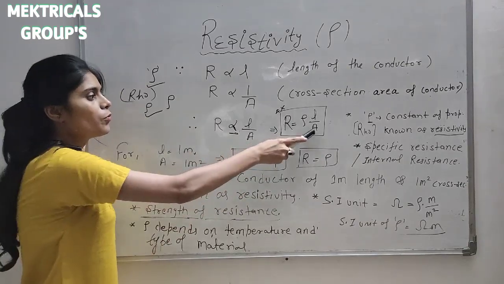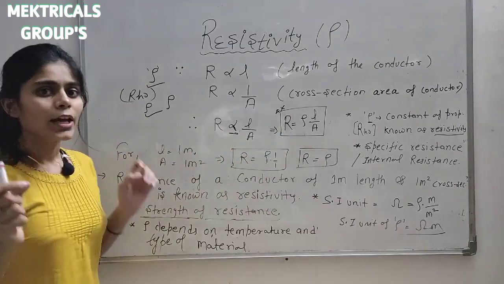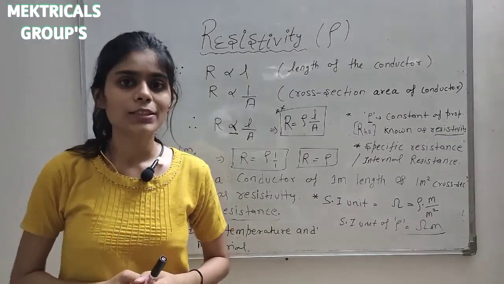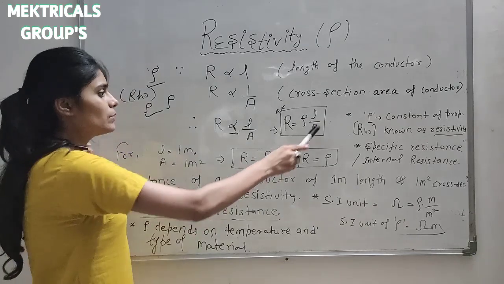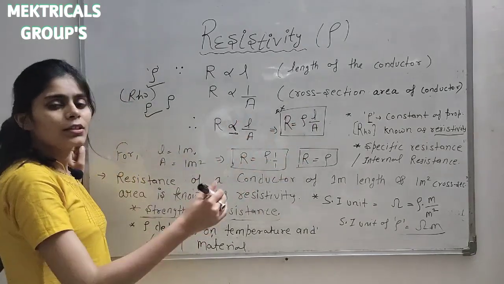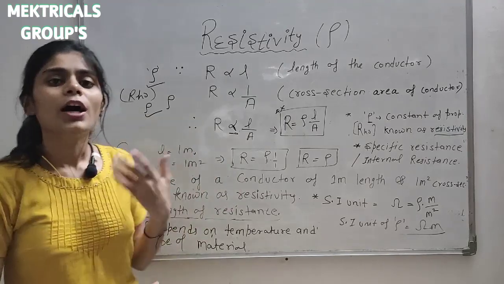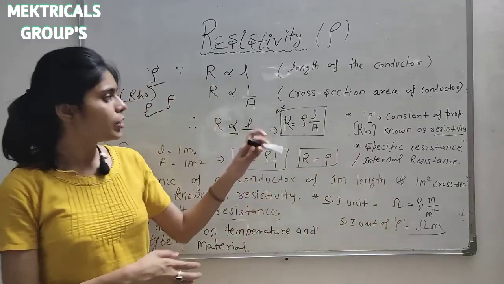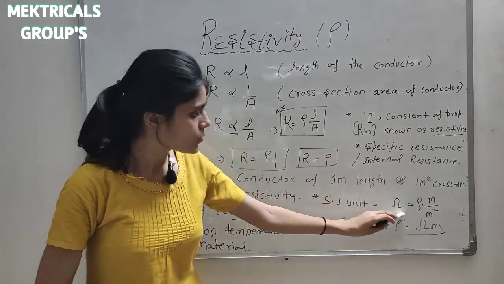Now we have this formula. Can you calculate the SI unit for resistivity? Yes, of course, you know the method. If we have a formula, then we put in the SI unit of the quantities, and we get the SI unit of the unknown quantity. Same thing we do here. We know the SI unit of resistance, that is ohm.